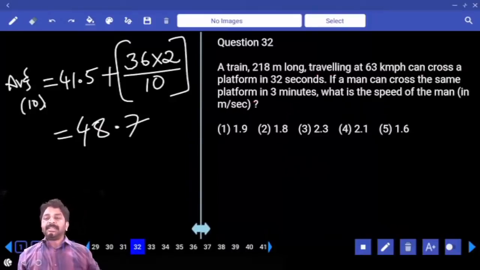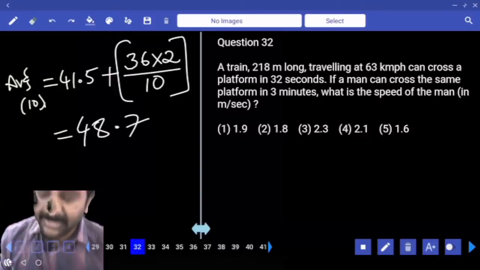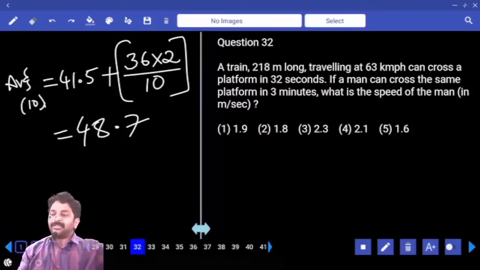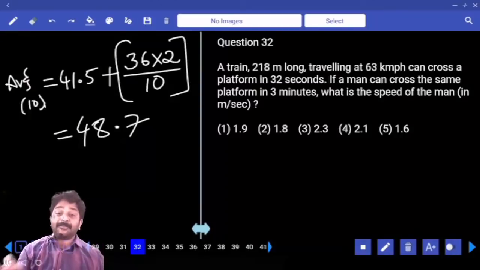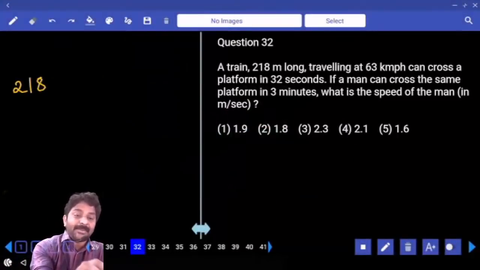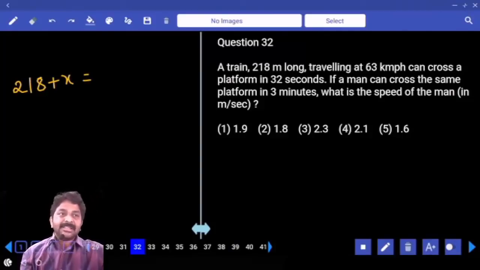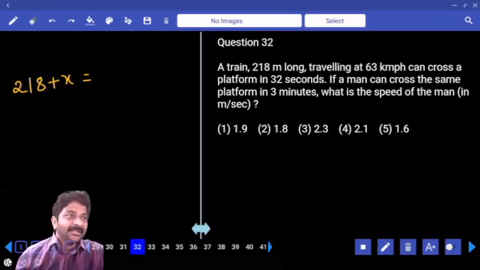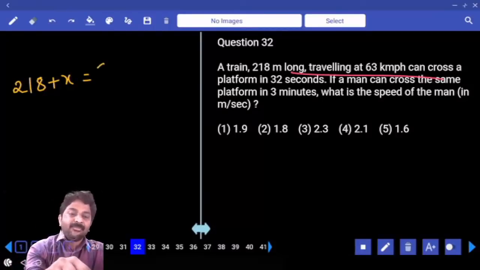A train 218 meters long traveling at 63 km per hour can cross a platform in 32 seconds. If a train crosses a platform, the distance covered is equal to train length plus platform length only. Train length is 218 plus platform length, let it be x. This is the distance covered, correct? Distance means speed into time. Only the train has speed, mentioned as 63 km per hour.